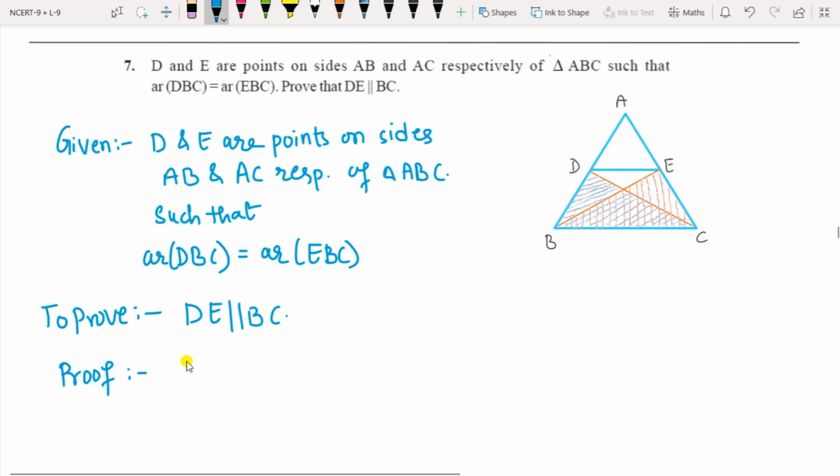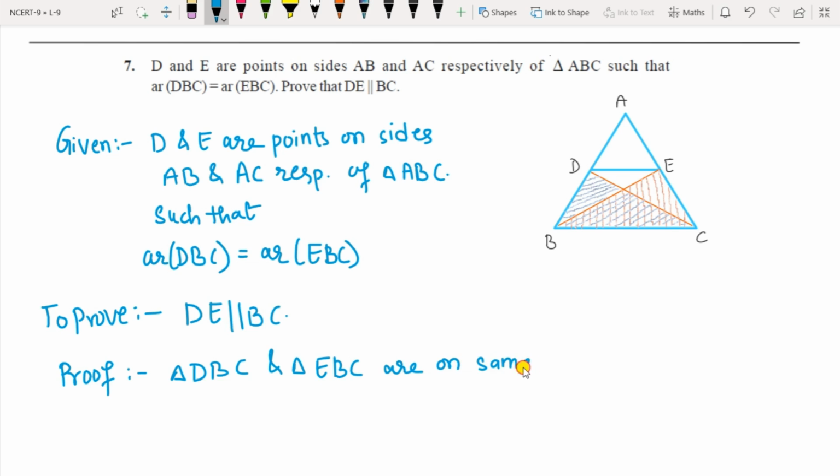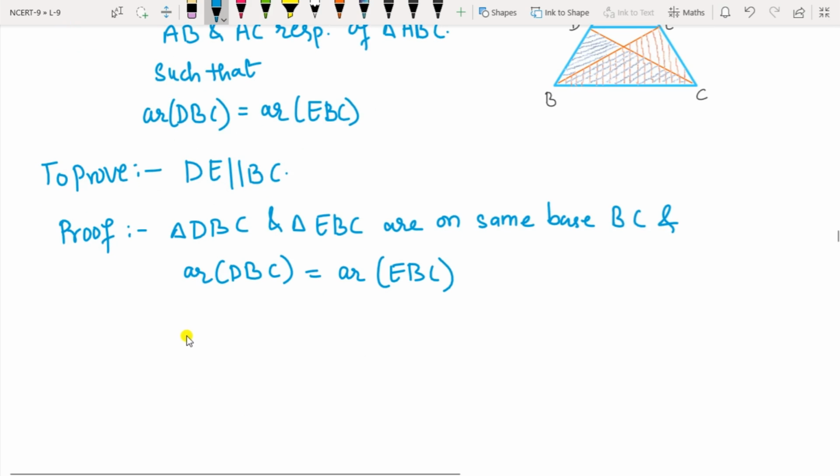So we will consider here that triangle DBC and triangle EBC are on same base BC and their areas are equal, that is given, that is area DBC is equal to area EBC, which implies that from theorem 9.3 we can say that DE is parallel to BC.